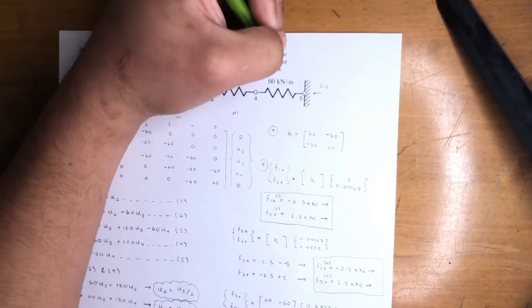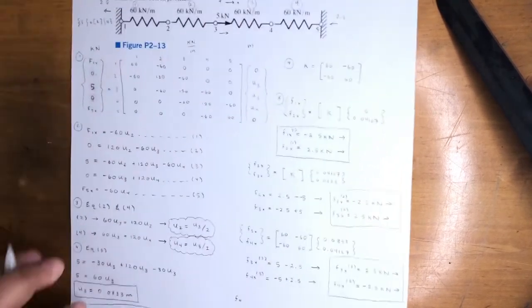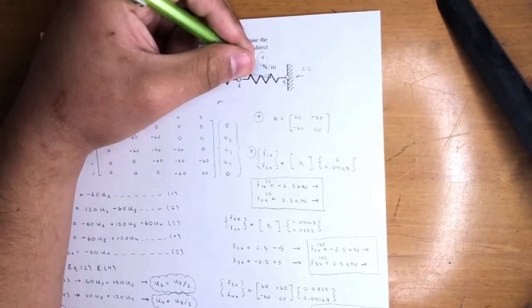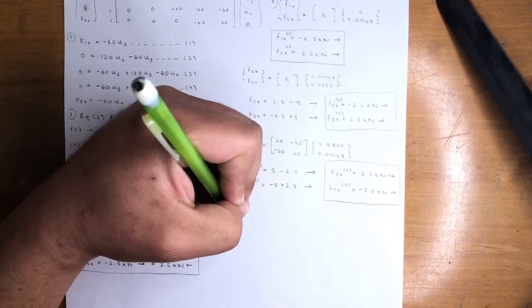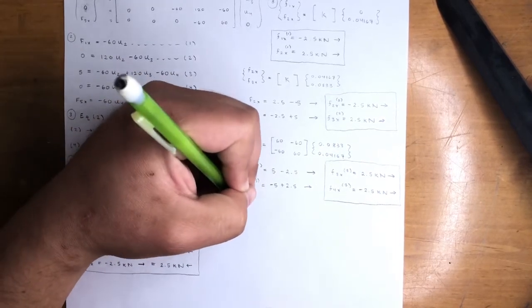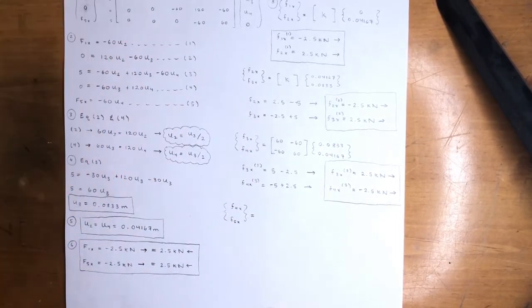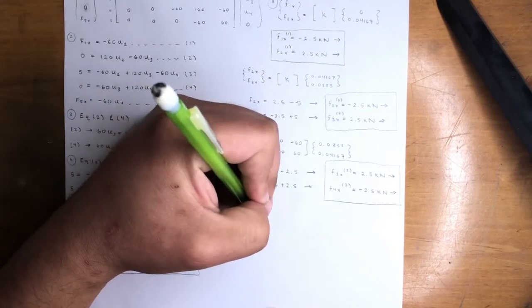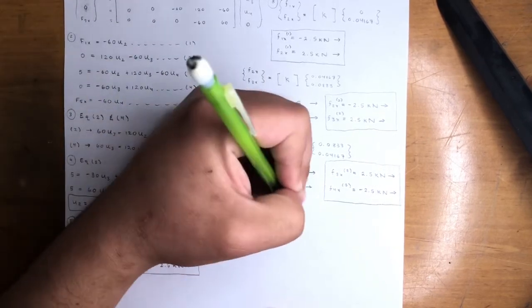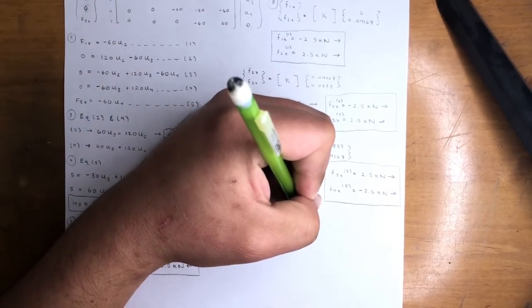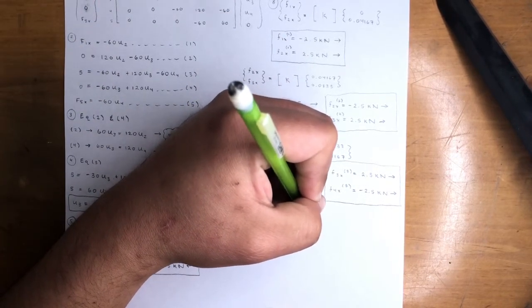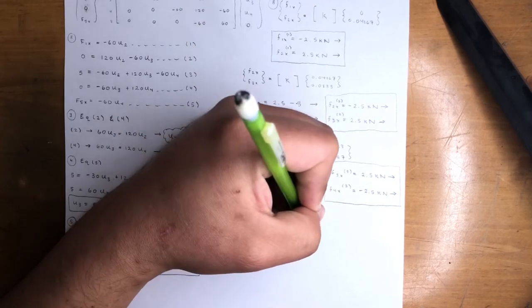Last element, number 4. That is between nodes 4 and 5. So let's go ahead. F4x, F5x, right? That is equal to the K matrix times, this is U4 and U5 now. So 0.04167 and 0.